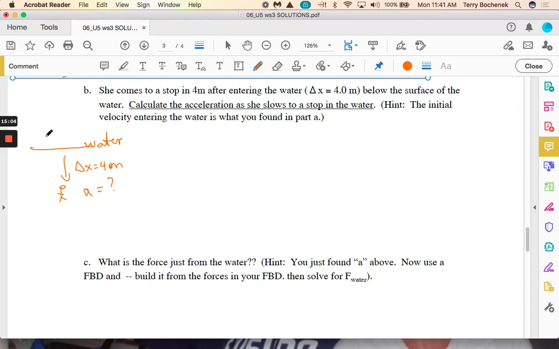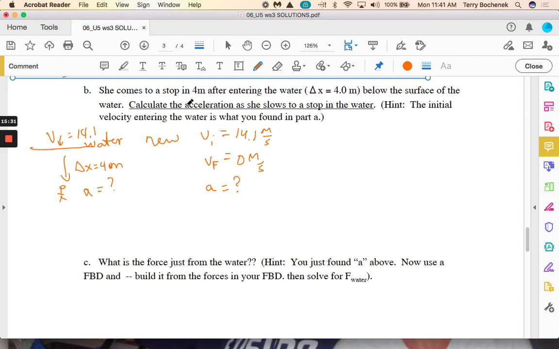Remember, we just found the speed that we hit the water at to be 14.1 meters per second. That becomes our new V initial. And V final now, as we drop down into the water, is eventually going to become 0. And A is what we want to solve for.